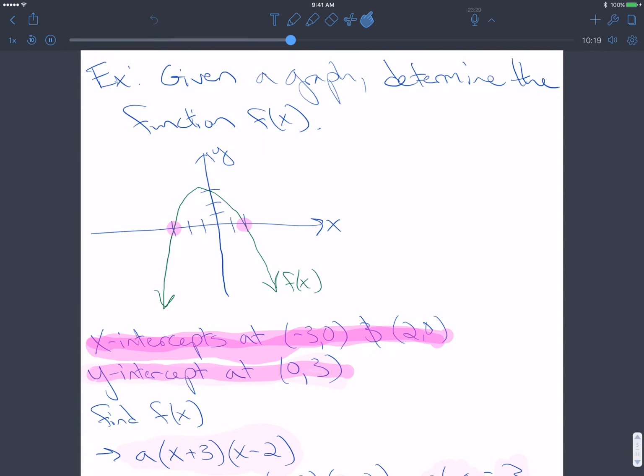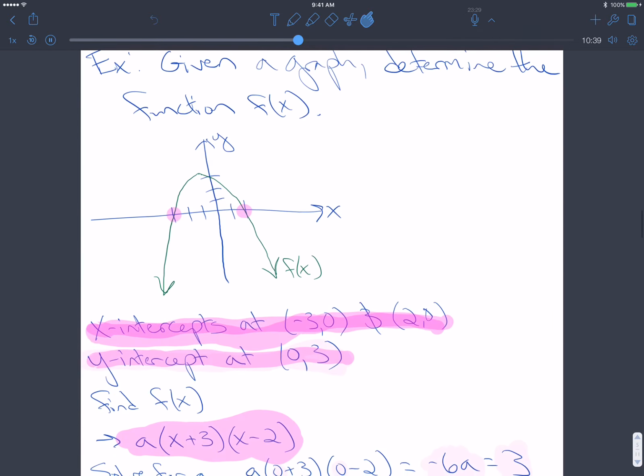So if it's (-3, 0) and (2, 0), then my m value is positive 3, and my n value is negative 2. So my function is going to look like a times (x plus 3) times (x minus 2), because that corresponds with the factors that give me those x-intercepts.